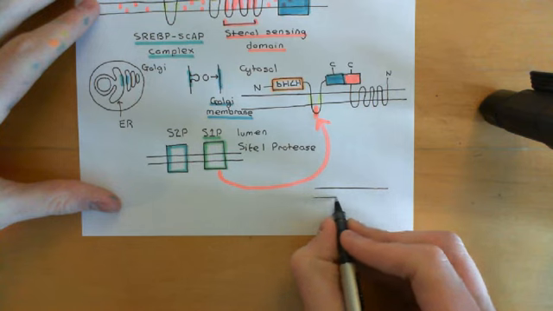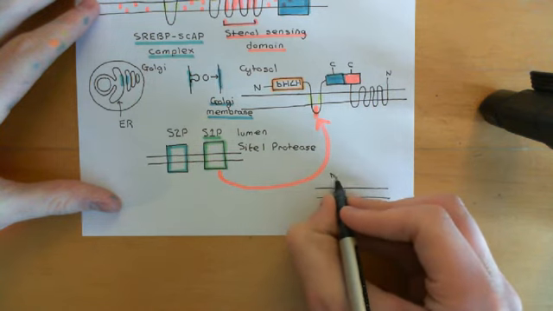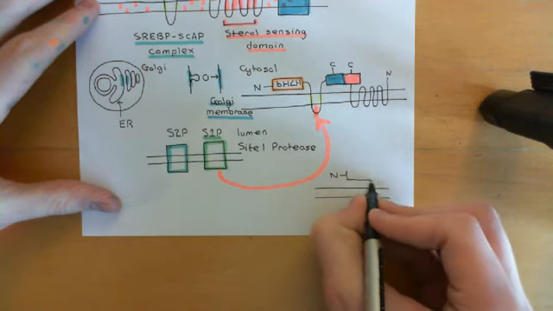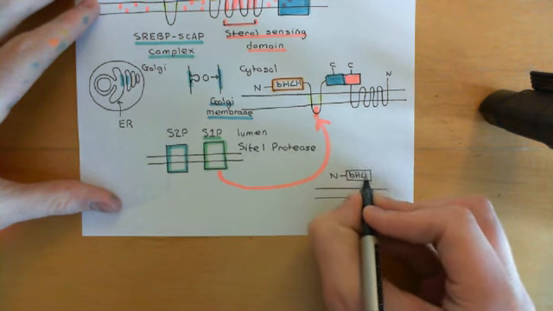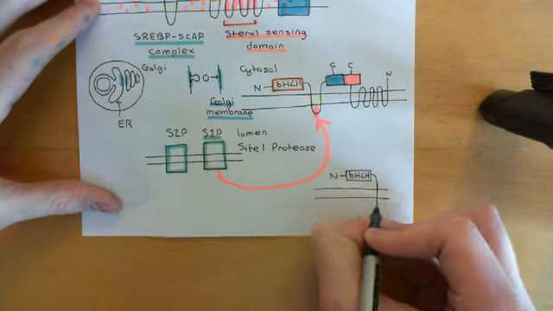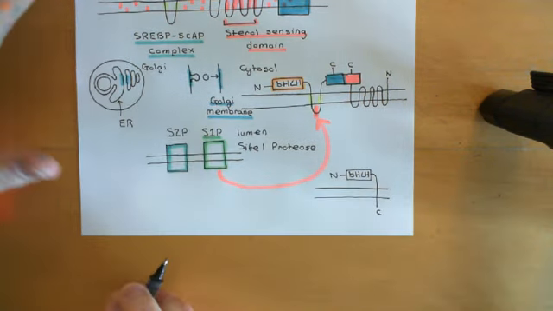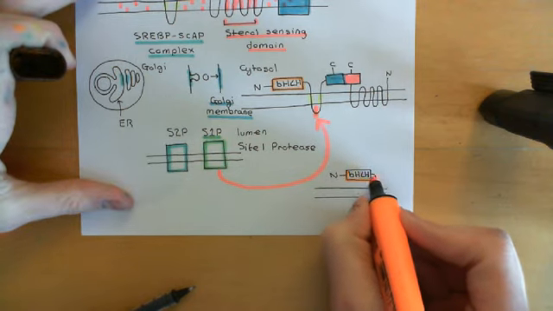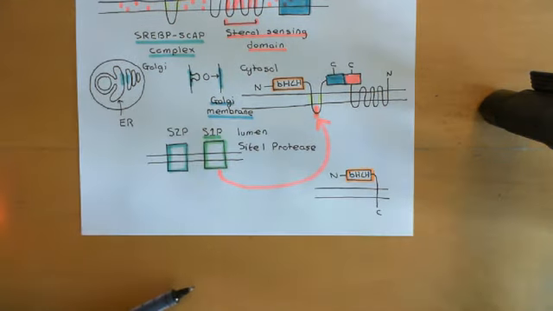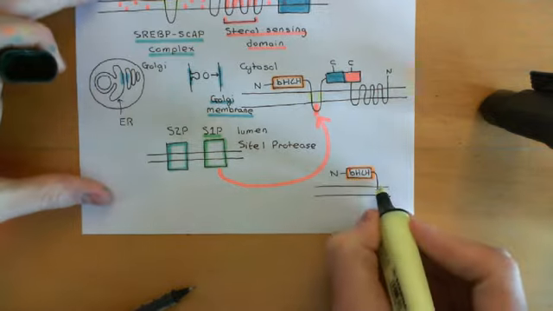Okay, so let me now show this. So here is our N-terminal portion of SREBP here. Here is that bHLH domain here, and now we've got a single membrane-spanning alpha helix still anchoring us to the Golgi membrane. However, that's not complete yet. We haven't got the nuclear SREBP yet. It needs to be cut again.